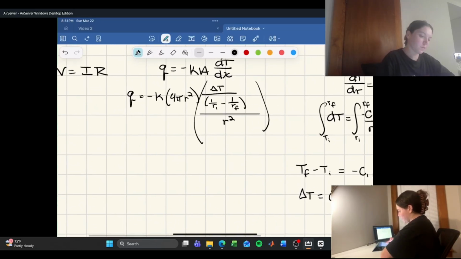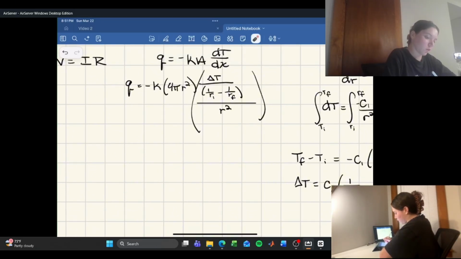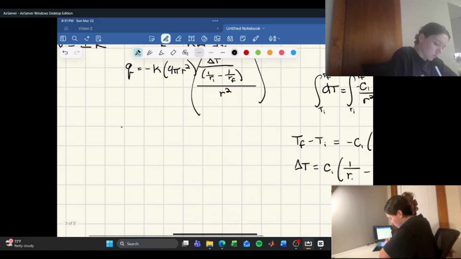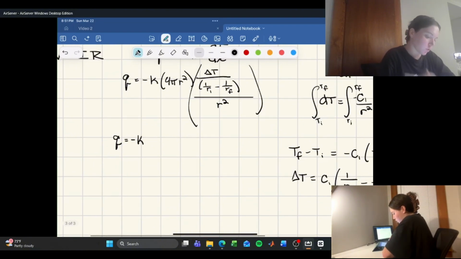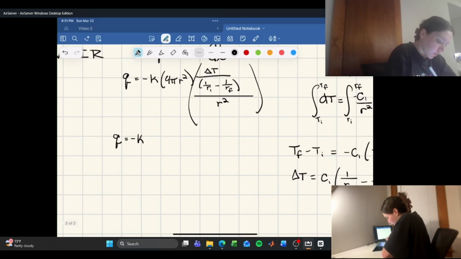And then these r squareds cancel, and we're left with this expression where the heat flux is equal to the negative thermal conductivity times 4 pi times the change in temperature over 1 over the initial radius minus 1 over the final radius.